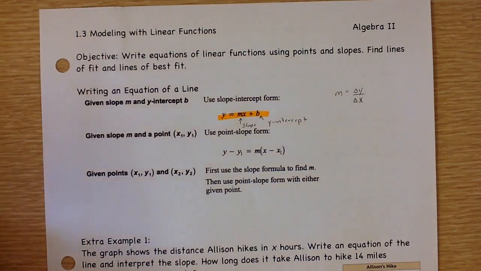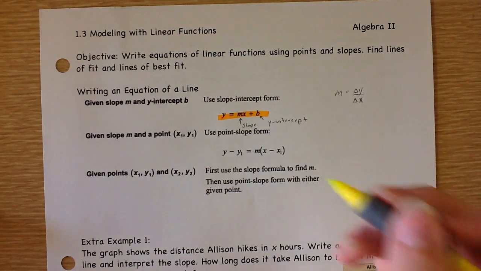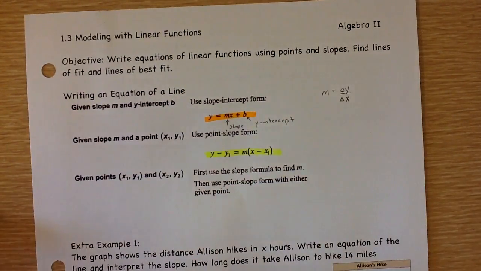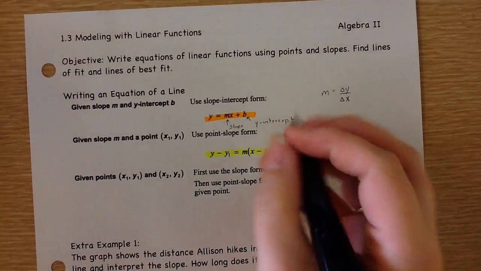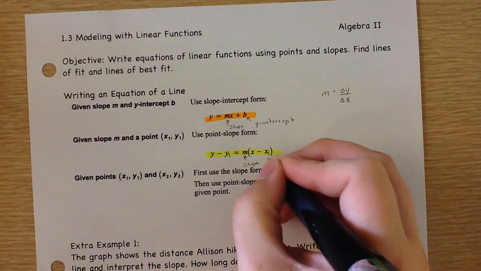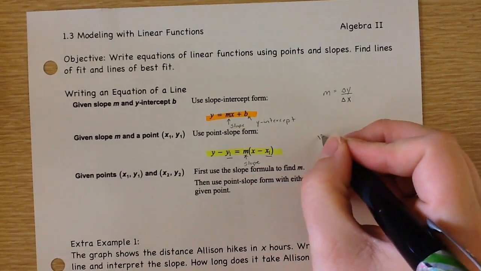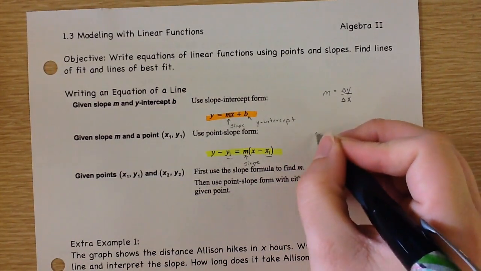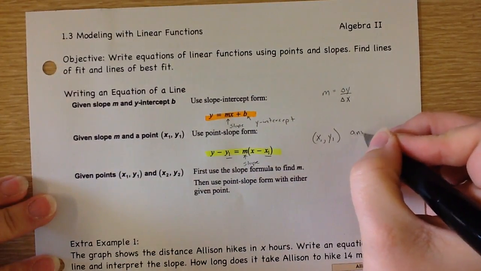So this next form, the point slope form, is really the most useful. So right here, this is when you know the slope. Again, m right here is still our slope, but the point (x1, y1) is any point on the line.